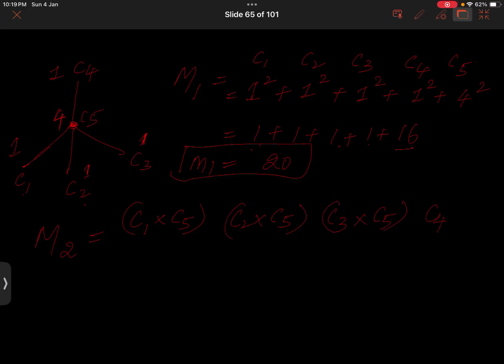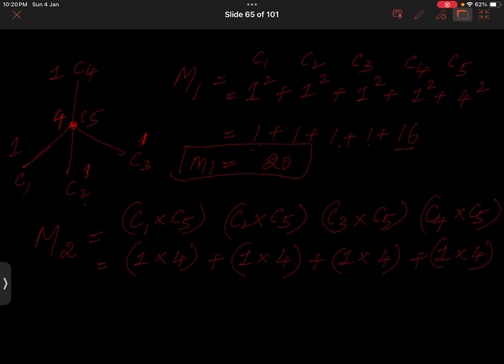Then C4, C5. They are adjacent. Okay. So M2 is actually the degree of the vertex C1, the degree is 1, into C5 degree is 4. And plus C2 degree is 1, C5 degree is 4. Plus C3 degree is 1 into C5 degree is 4. C4 degree is 1 and C5 degree is 4.